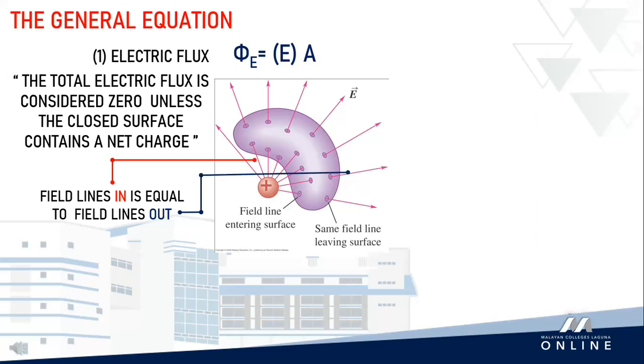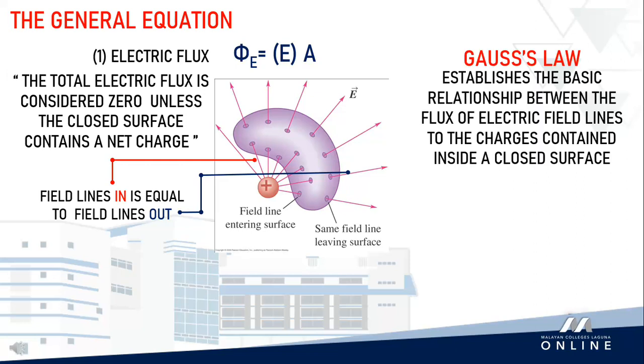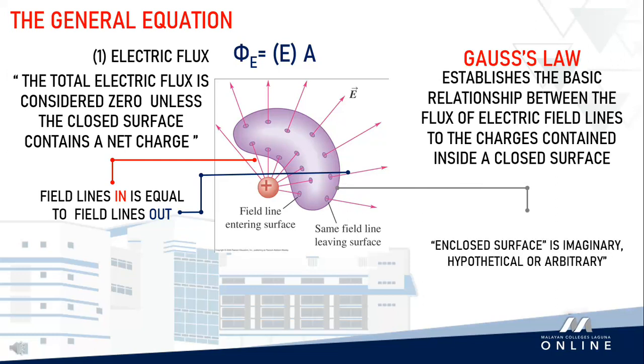Thus, this law establishes the basic relationship between the flux of electric field lines to the charges contained inside a closed surface. But remember, class, an enclosed surface pertained in this law is usually imaginary, hypothetical, or arbitrary. Commonly, this can be called a Gaussian surface.